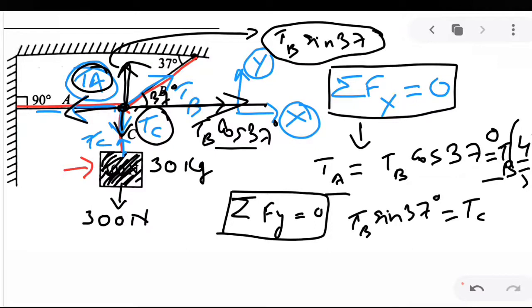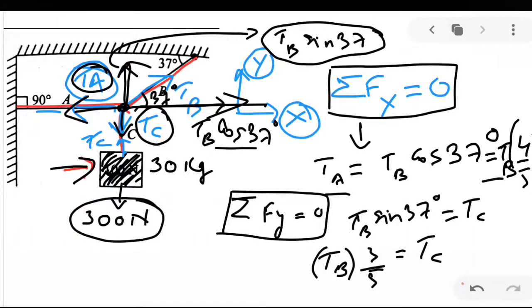Sin 37 is 3 by 5, so TB times 3 by 5 is equal to TC.